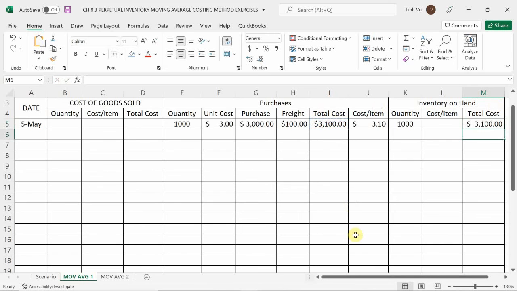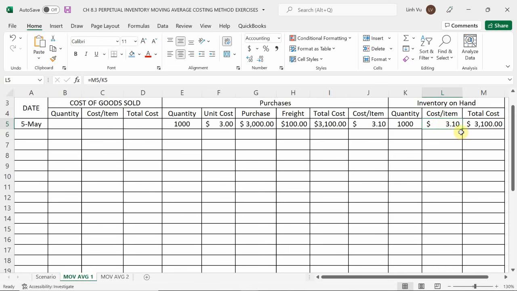And my formula is going to be right here in my cost per item column, because this is where I'm going to set up my average cost per item formula. Every time I enter a quantity and every time I enter a total cost, it's going to automatically calculate for me what my average cost per item is going to be.